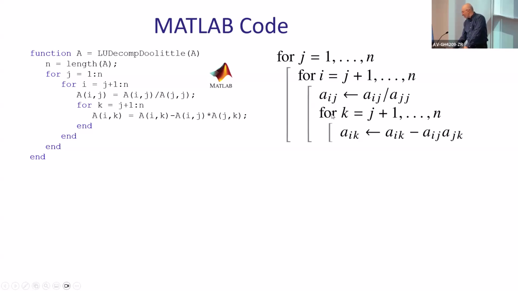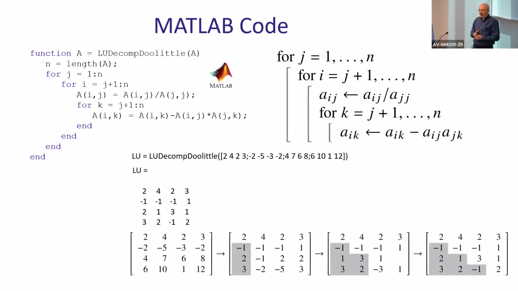And then you have for k equals j plus 1 through n, Aik equals Aik minus Aij times Ajk. So this is practically following the pseudocode or math the same way you would imagine it, okay? Index by index, I'm just copying the same thing, and in MATLAB you would get that kind of solution.